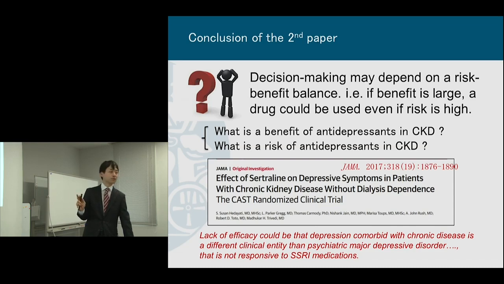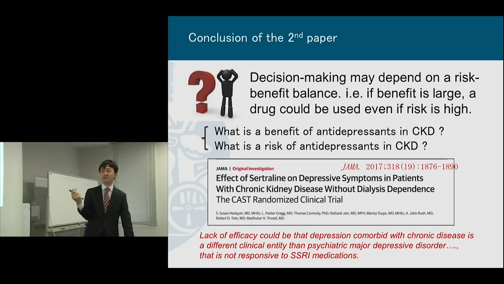There was no significant benefit of antidepressants, sertraline, in this study population, with the discussion that the lack of efficacy could be because depression comorbid with chronic kidney disease is a different clinical entity from psychiatric major depressive disorder, and is not responsive to medications. So in total, the benefit is not increasing, or rather decreasing, in patients with CKD.